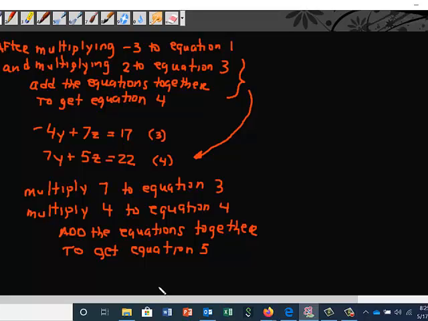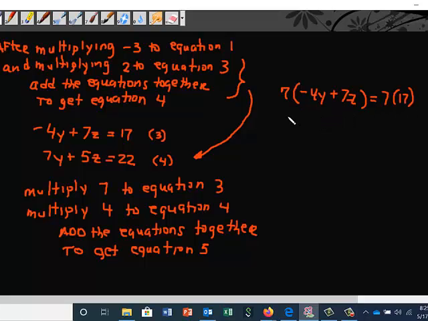So now, to show you how to do this, let's show you how to do this. So this will be 7 times negative 4y plus 7z is equal to 7 times 17. You see this?